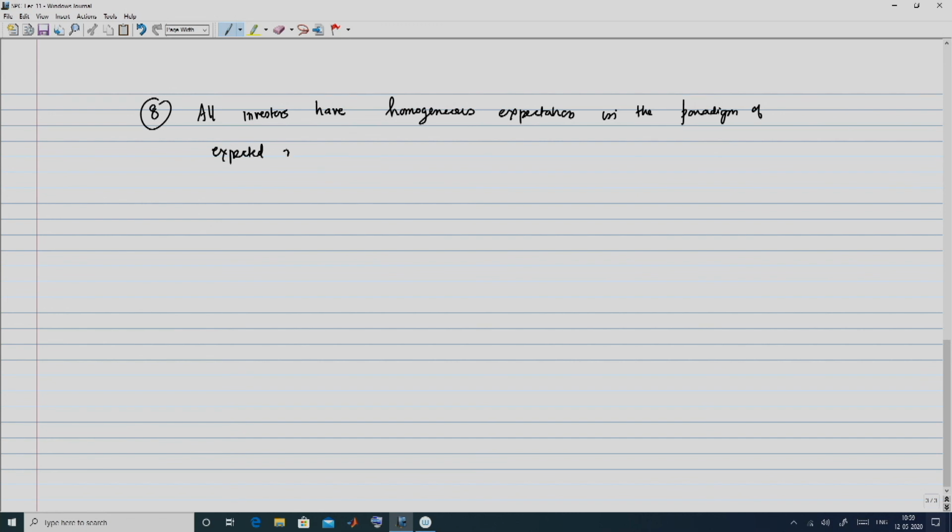So, that means they calculate the expected return, variance and covariance in an identical manner over a single period investment window.